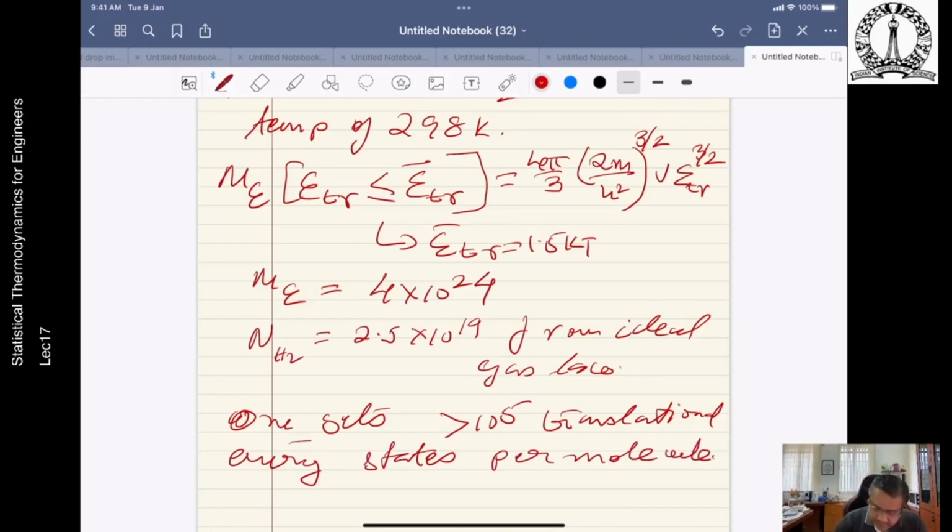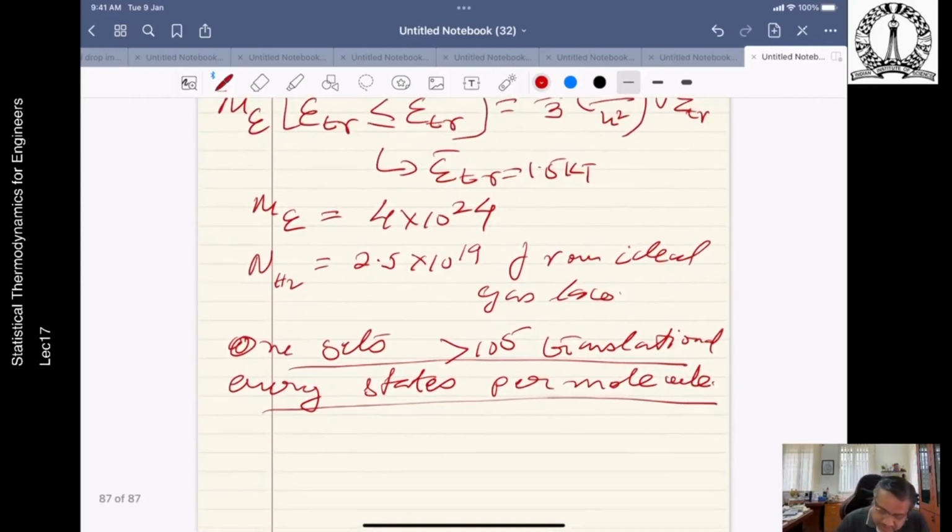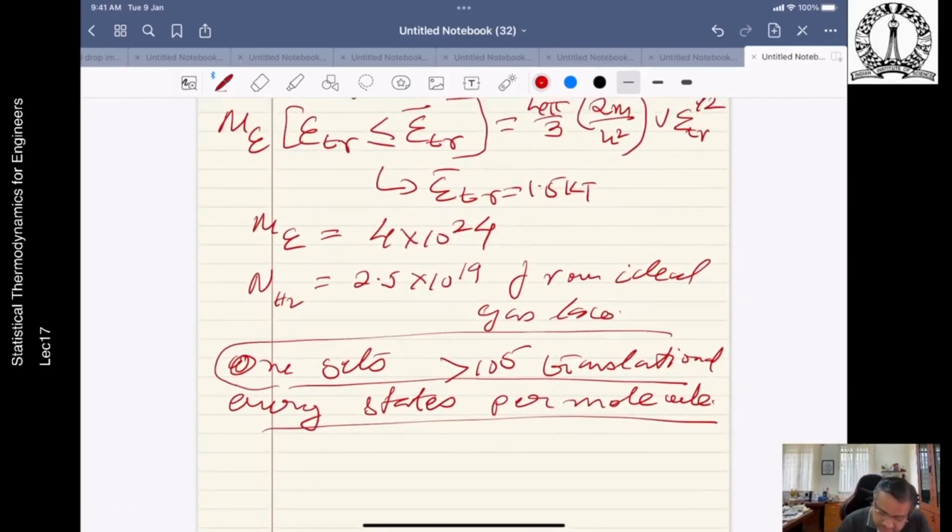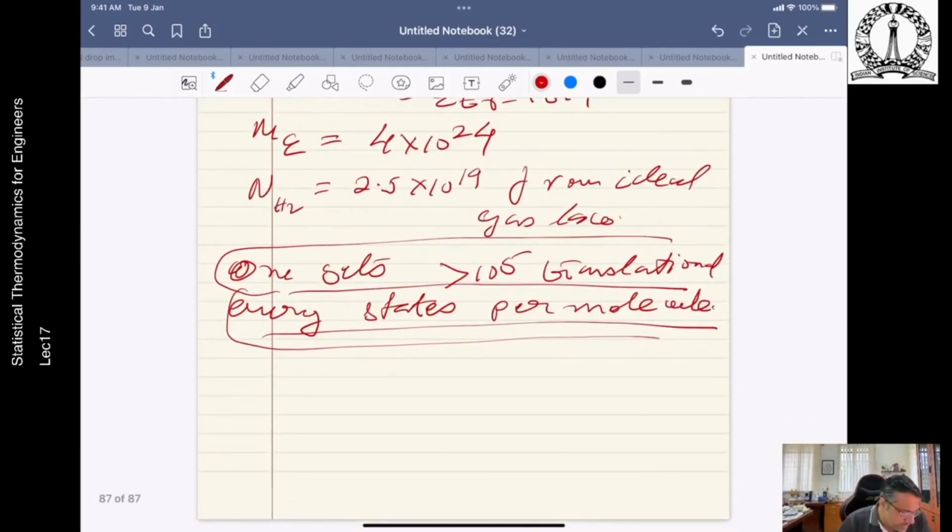This is outrageous, right? So that is the number of translational states that you are going to get. It essentially almost guarantees that any gas will satisfy the dilute limit. There are so many translational states that are available.